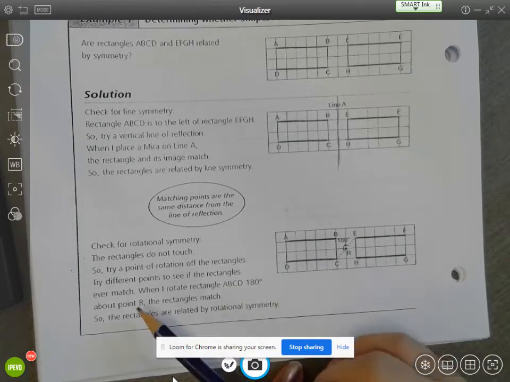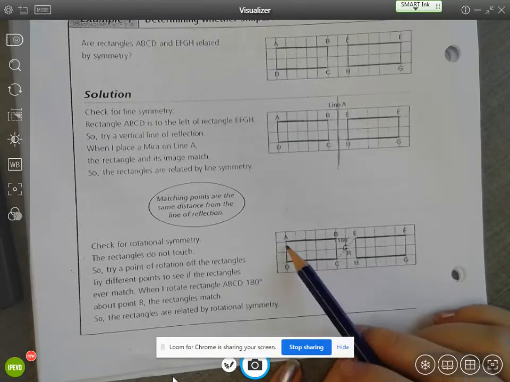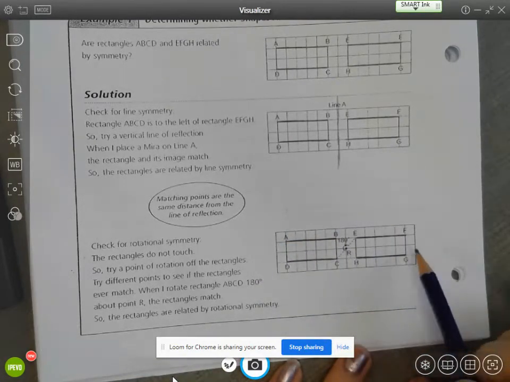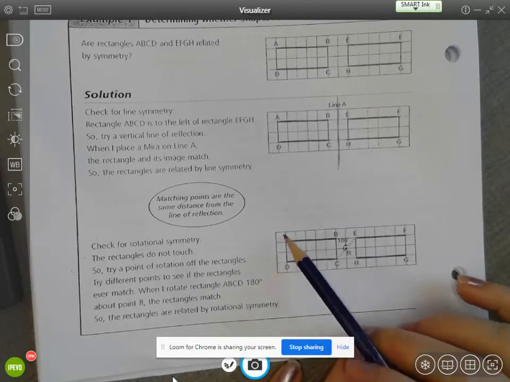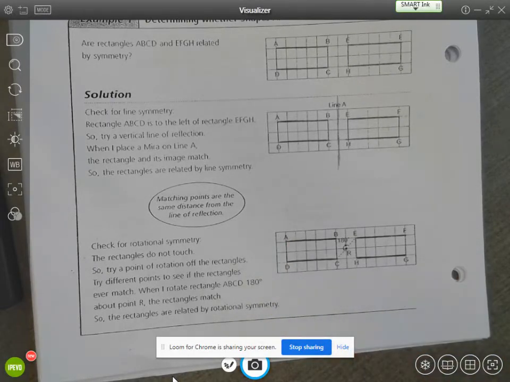Sometimes you have to try different points to see if it's actually going to match up. When you rotate it, you can see that A is going to match up with G and then come back when it returns to A. So we say that there is rotational symmetry. The order would be 2, the angle 180 degrees.